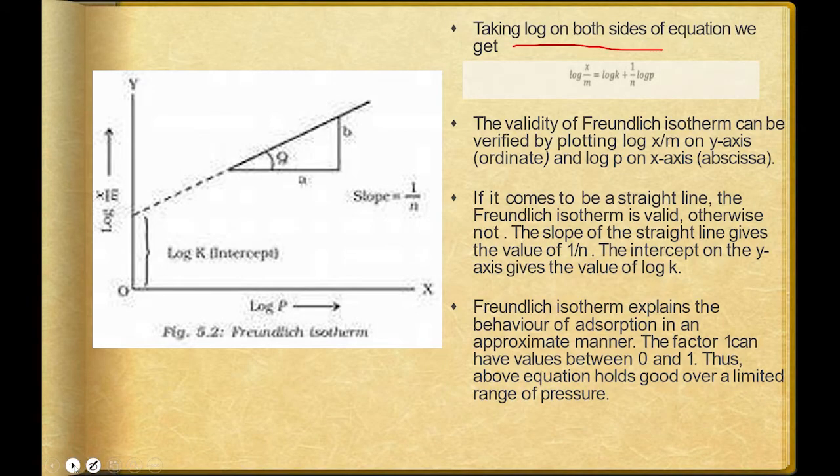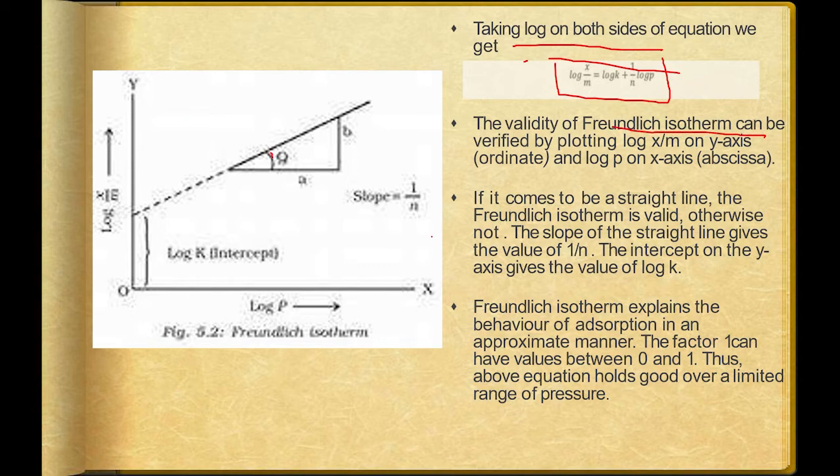When I took the log on both sides, I got log x by m equals log k plus 1 by n log p. If you have studied logs, you will understand this. Basically, the power came down as a multiplication, and the multiplication turned into addition. This is the validity of the Freundlich isotherm.